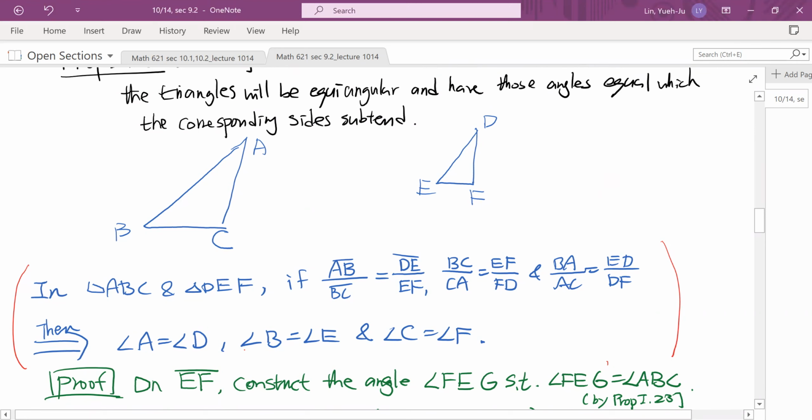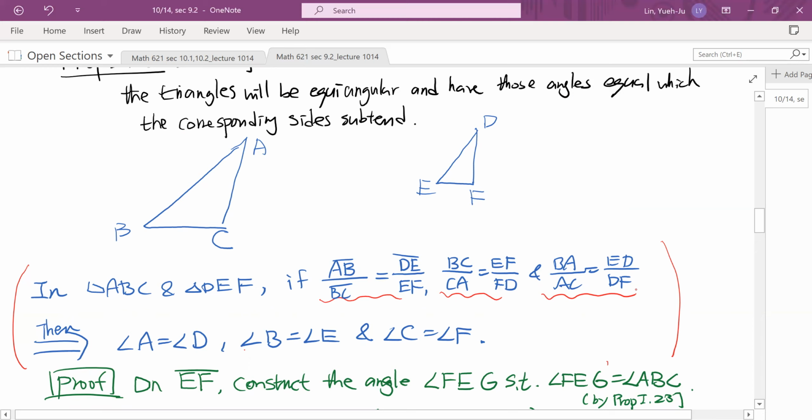In this proposition, we can show that if I have two triangles and AB over DE is equal to BC over EF, and BC over EF is equal to CA over FD, and you have the same thing for the third pair of sides, then you can eventually prove that the angles have to be equal correspondingly.